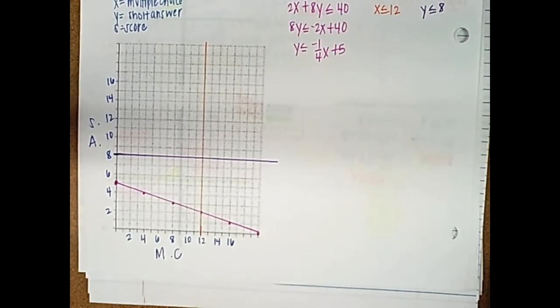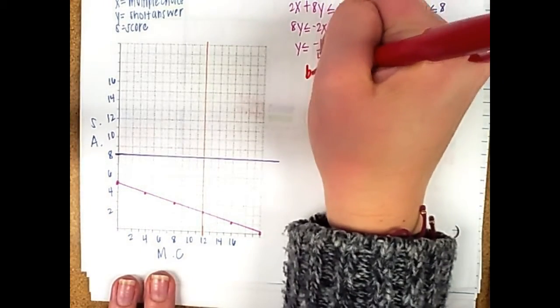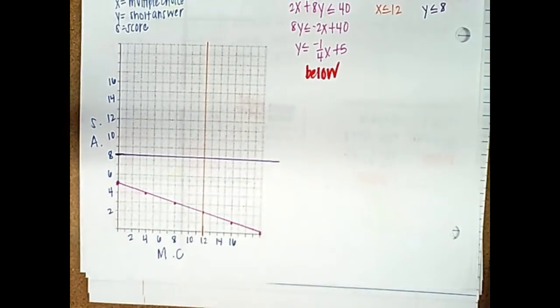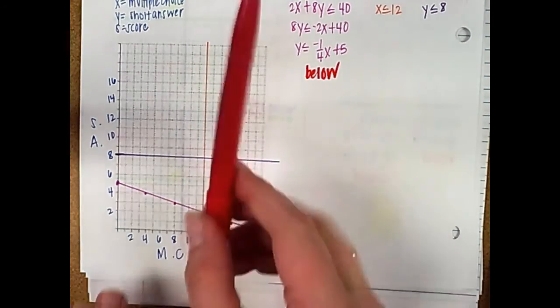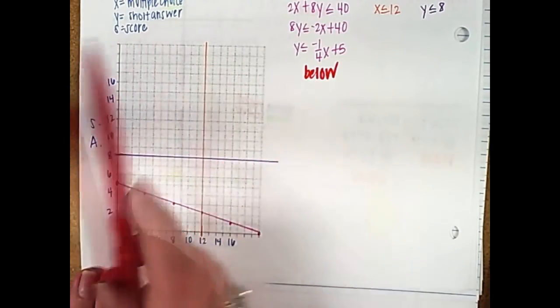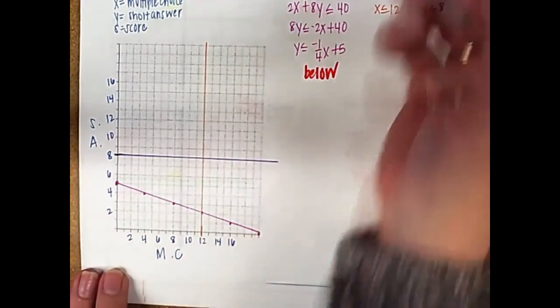Okay, so now we have to figure out our shading area. Less than means below. Less than 12, remember it's a vertical line, so we have to think more logically here. Less than is going to be to the left because that's the lesser numbers.